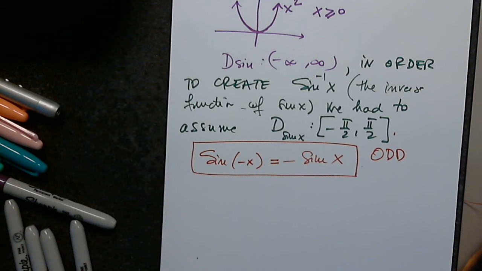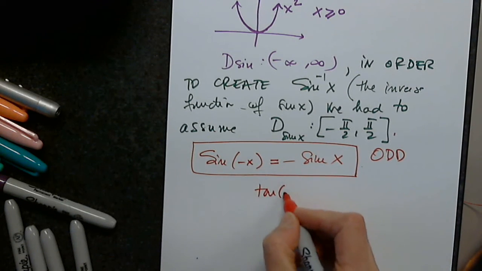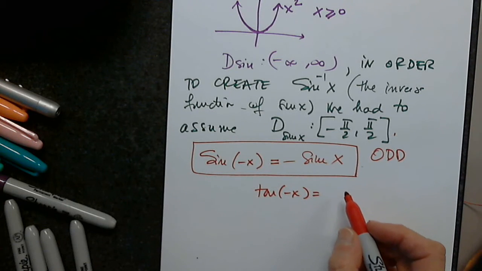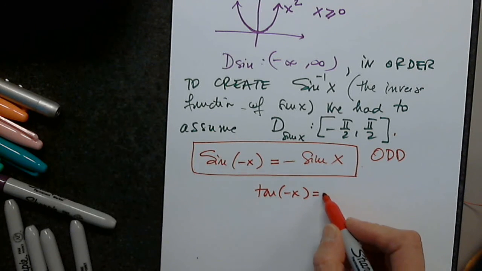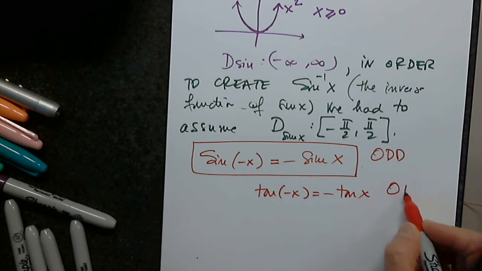Now you understand that all the other functions that have sine in it will be odd as well. Can you list those functions that would be odd for us? If it has sine in it, it must be odd. Yes. So tangent of negative x will equal negative tangent x, odd.